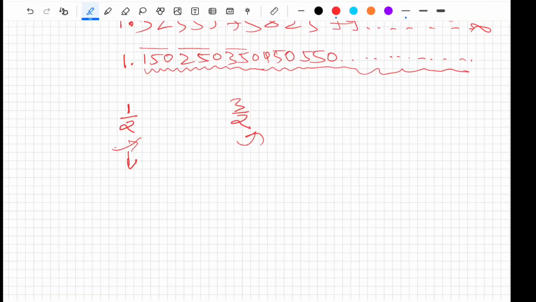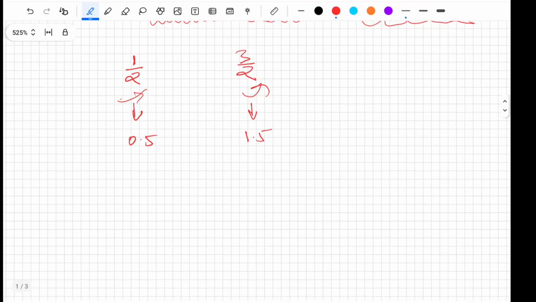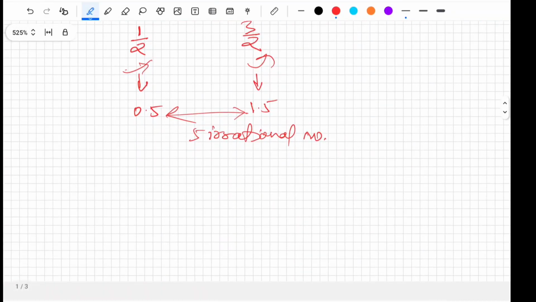Like for 1/2 we will get 0.5 and for 3/2 we will get 1.5. Now we have to calculate, let's say, 5 irrational numbers. So how will we do it? We have to take numbers greater than 0.5 and less than 1.5.